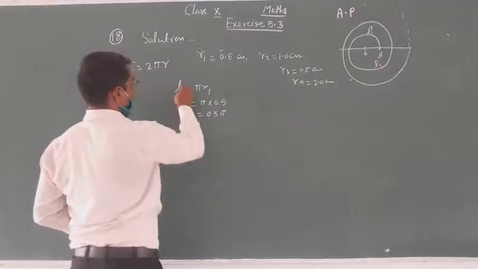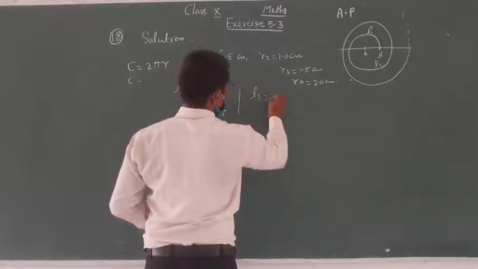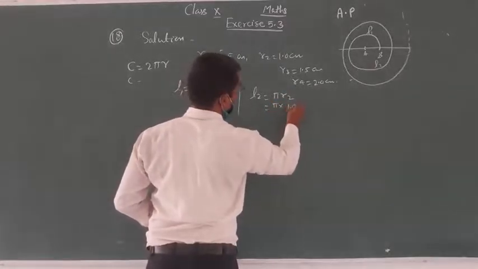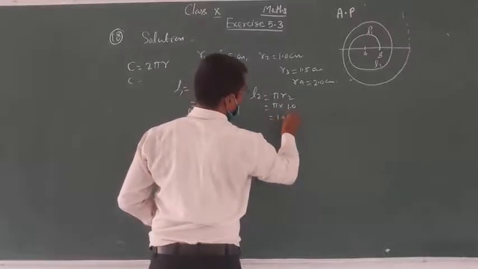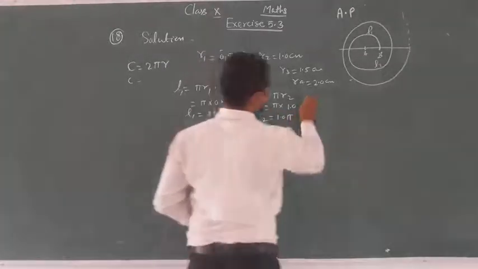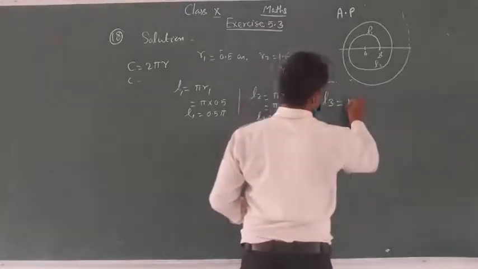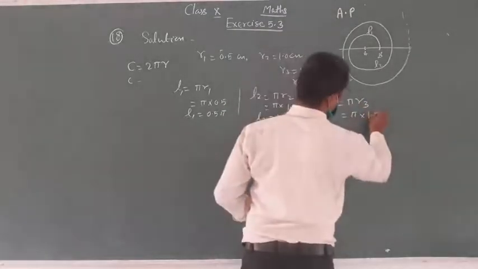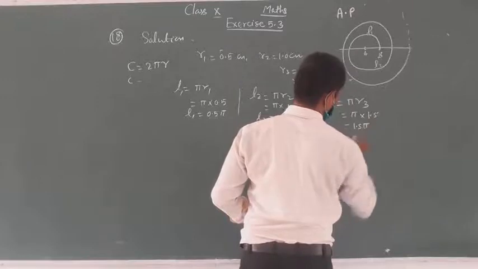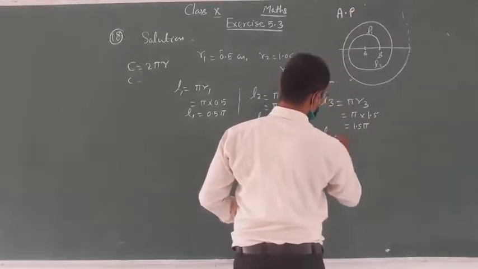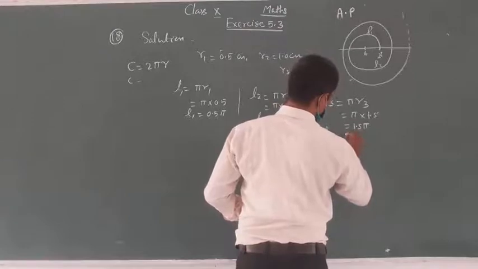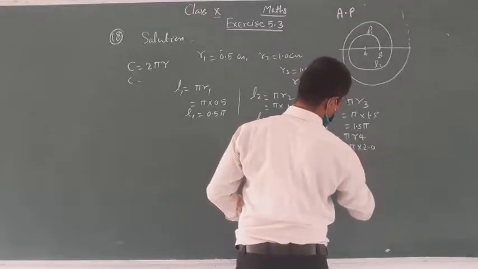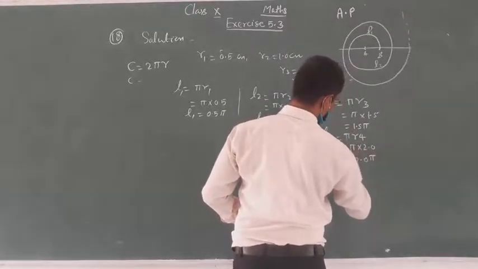And L2 is equal to pi R2, which is pi into 1.0, so 1.0 pi. L3 is equal to pi R3, which is pi into 1.5, so 1.5 pi. And L4 is equal to pi R4, pi into 2.0, so 2.0 pi.